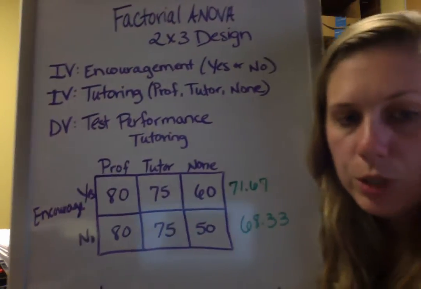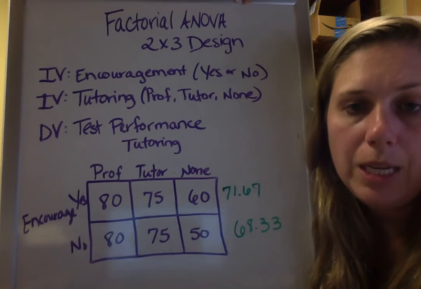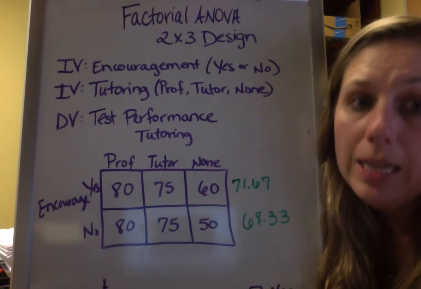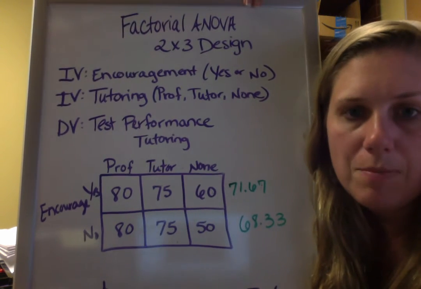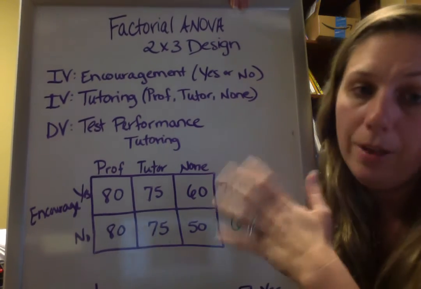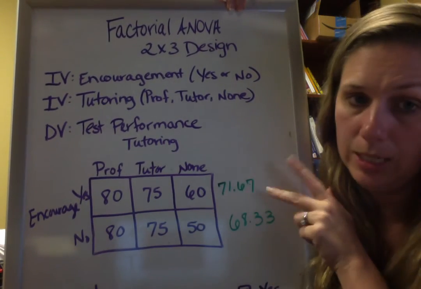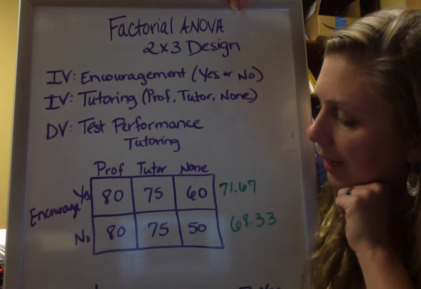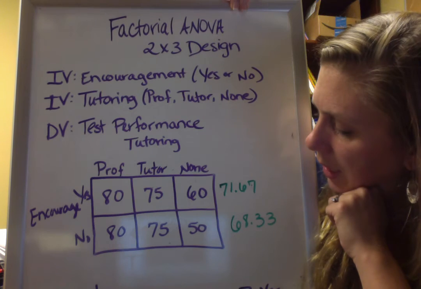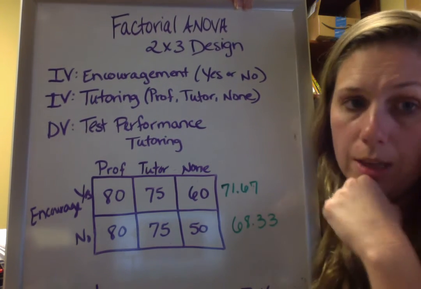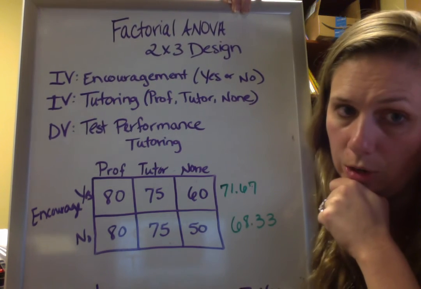So those 2 numbers tell me about my main effect of encouragement, okay? Is there a possible significant main effect of encouragement? Well, we're not doing all the math to figure out if this is really a significant difference in test grades here. But in looking at it, I would think that it does look like people who are being encouraged are doing better than people who are not being encouraged.